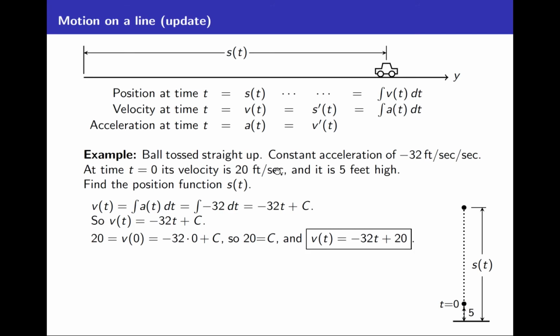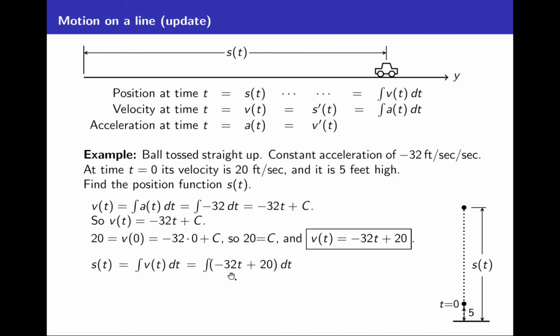But what this problem is asking for is not velocity, but position, s of t. Well, up here we know that the position is an antiderivative of velocity. It's an integral of velocity. So to find position, s of t, we just take the integral of v of t.